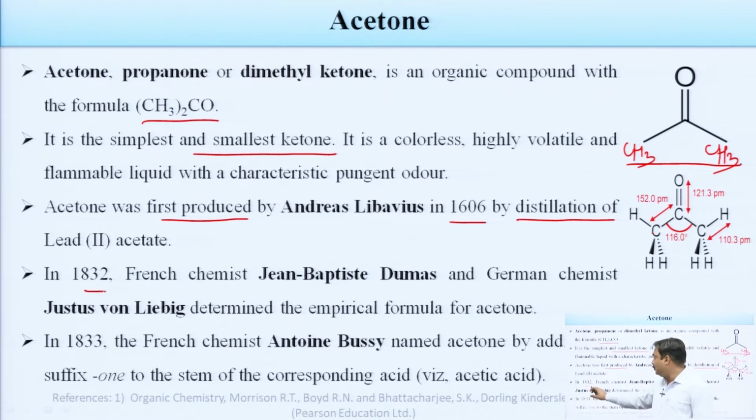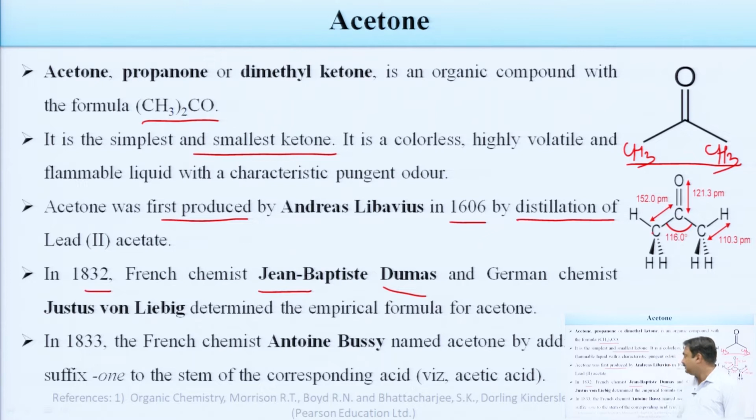In 1832, the French chemist Jean-Baptiste Dumas and the German chemist Justus von Liebig determined the empirical formula for acetone. Liebig, as I told you, also contributed to the discovery of paraldehyde. Just remember, he also contributed to the preparation of acetone. He determined the empirical formula of acetone this time.